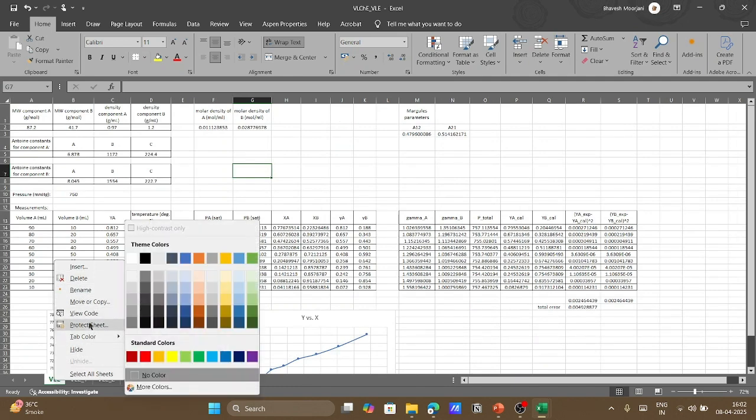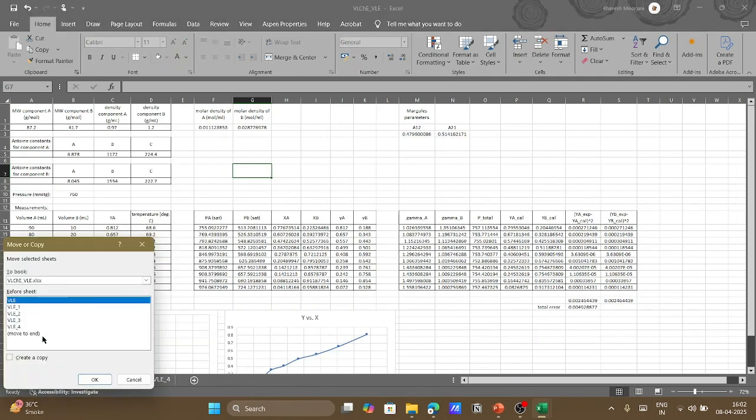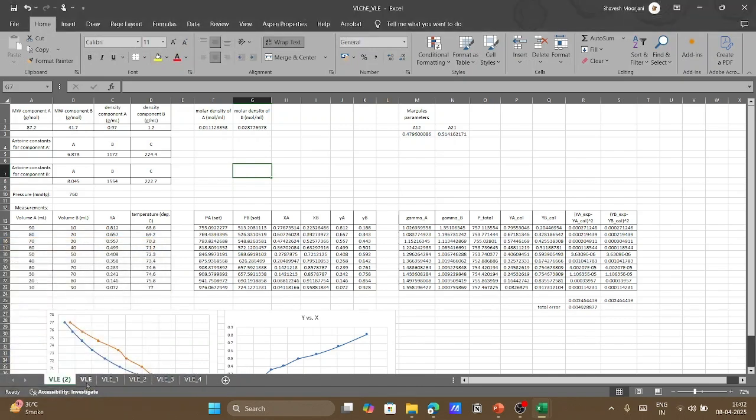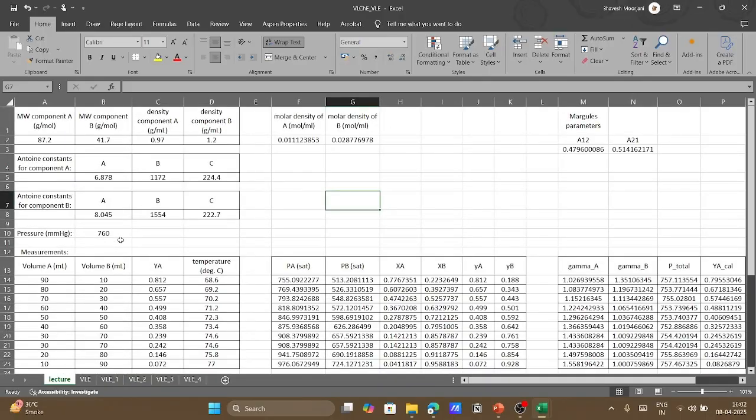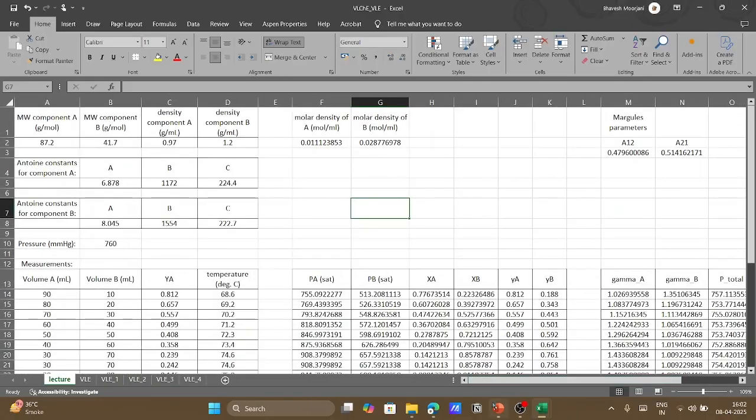So let me create one copy for our current experimental data. I will discuss each calculation part in detail.